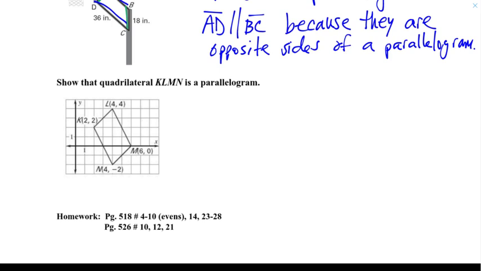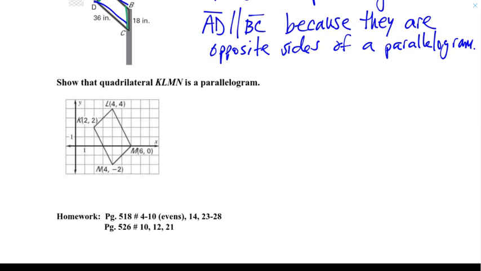We can look at the slopes of the different sides, and we could also look at that in combination with the lengths of the sides. We could just look at the lengths of all the sides. We could look at the midpoint and try to show that that is the midpoint of both diagonals, so they would bisect each other. I think probably the easiest way to prove that it's a parallelogram on a coordinate grid is simply to use slopes and show that the opposite sides are parallel.